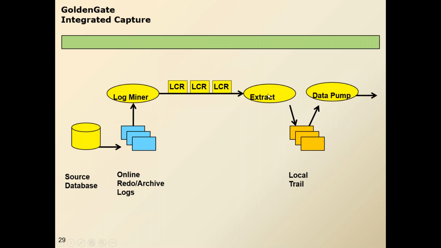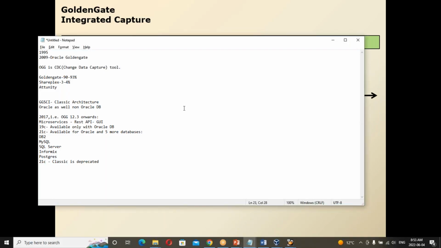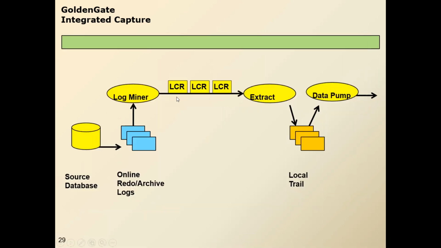Whatever changes are needed by the extract process, LogMiner passes on those changes in the form of LCRs. LCR stands for logical change records. So LogMiner passes the changes to the extract process in the form of LCRs.